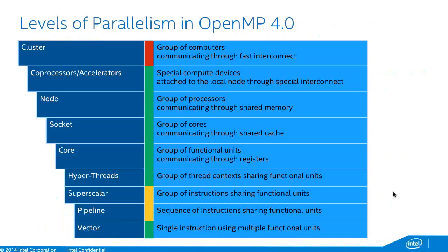Traditional MPI has some limitations and also some overhead that is involved in handling MPI at this scale. So OpenMP provides a very flexible and very effective programming model to handle the level of parallel programming within the node.